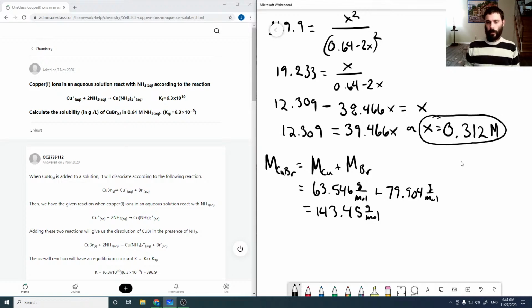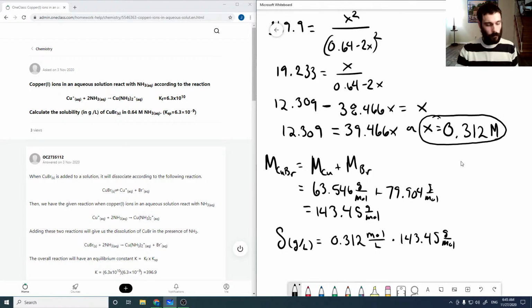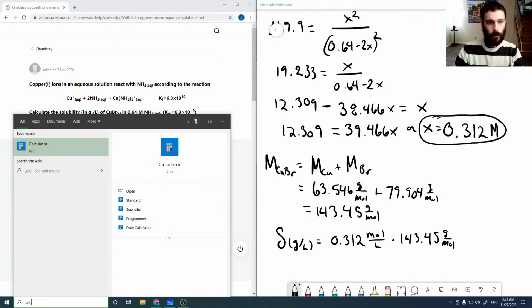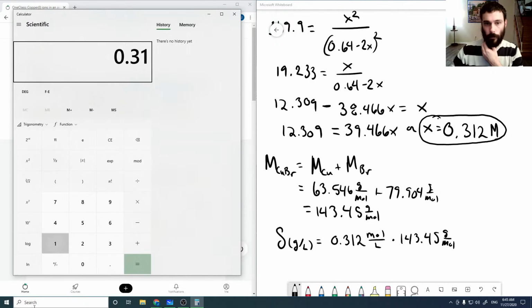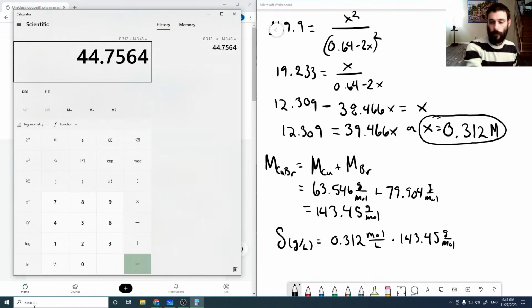And so our solubility in grams per liter is just 0.312 moles per liter times 143.45 grams per mole. I should have realized that I also don't have this value, so I'm just going to do this again. 0.312 times 143.45.